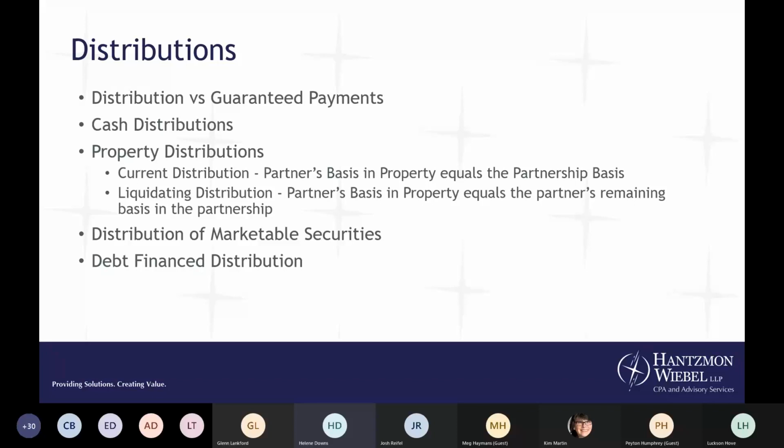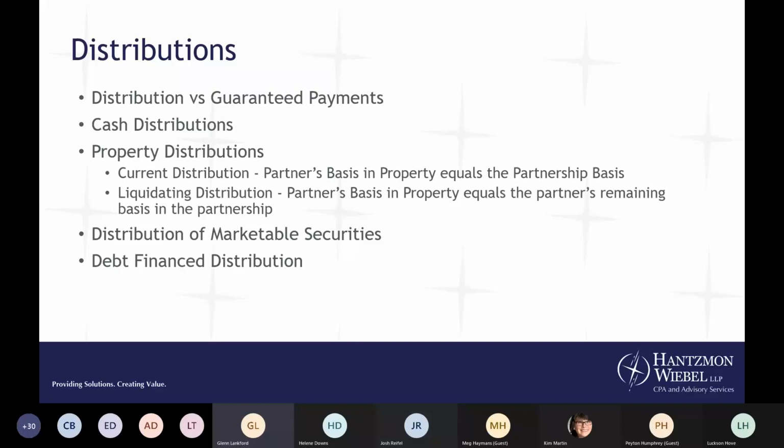Yeah, so the way it works is distributions of marketable securities generally are treated the same as cash and distributed at their value and result in gain to the partnership, unless there are three exceptions to that. Unless they were originally contributed by that partner. So partner A contributed 10 shares of General Motors and then got a distribution the next year of 10 shares of General Motors.